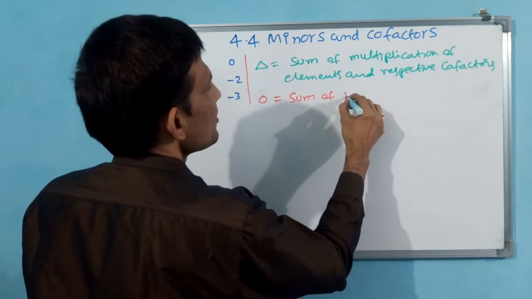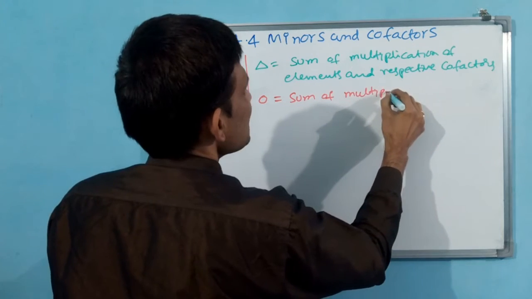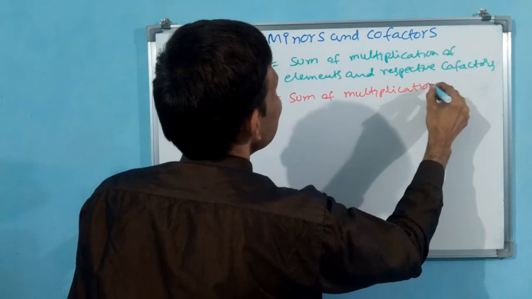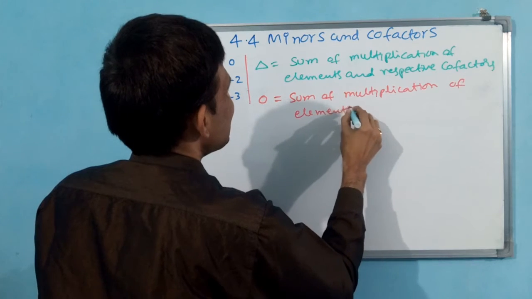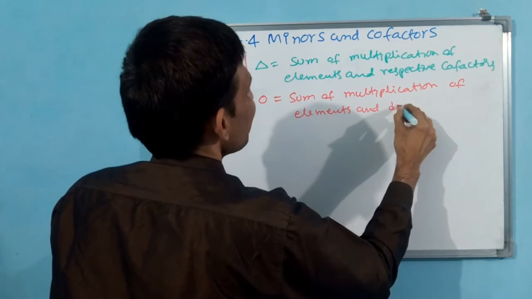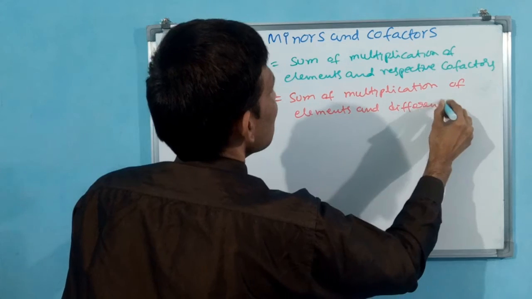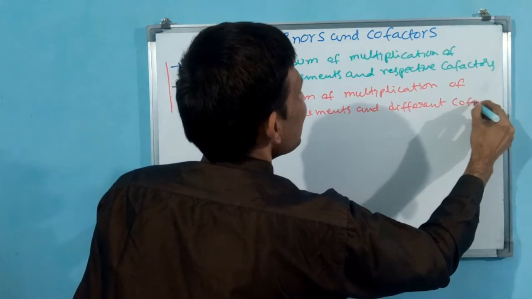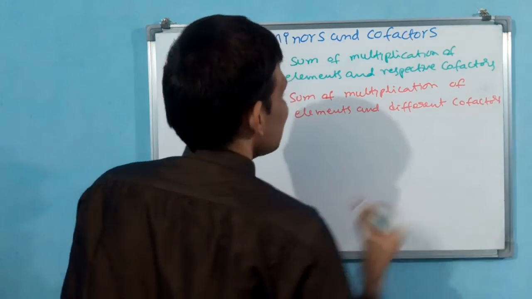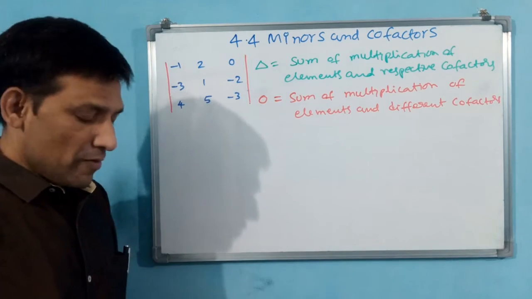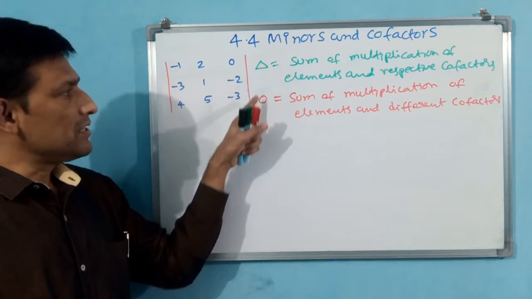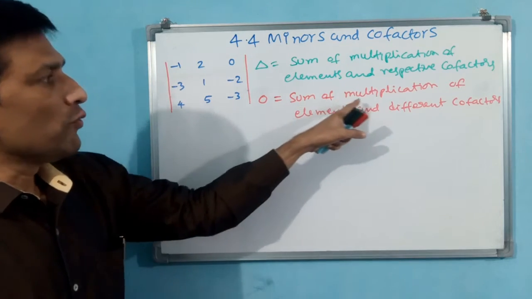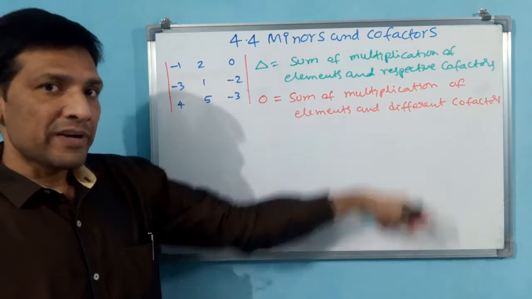Sum of multiplication of elements and different cofactors. I have written different cofactors, but that also is specific in how to take. See, now not delta, 0 will come when you multiply element and different cofactor.